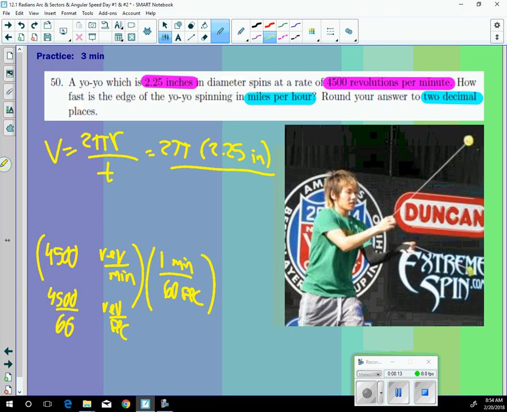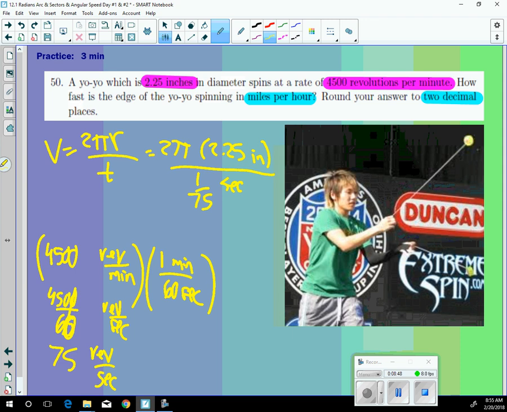What is that? 75. So this is 75 revolutions in 1 second. Now, I don't want revolutions per second. I want seconds. So seconds per revolution, what's going to go here for the time? No problem. You can do it. 1 over 75. You okay with that? So you can convert that revolutions per second pretty easily.